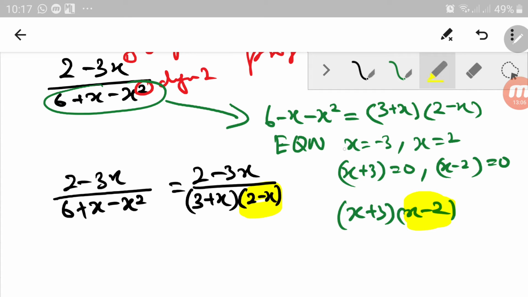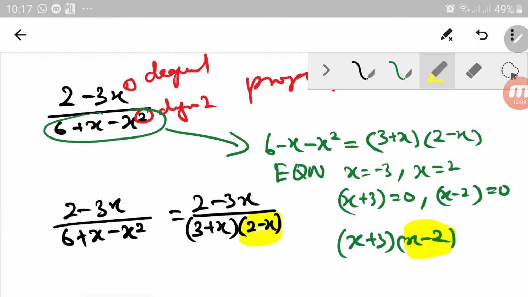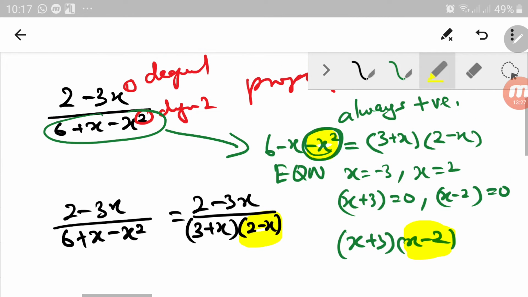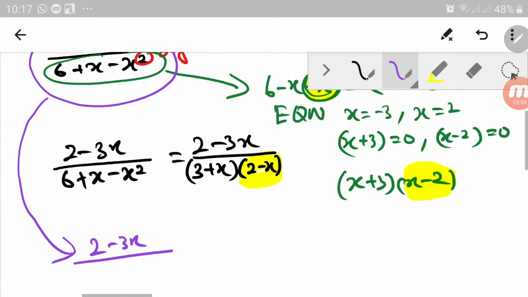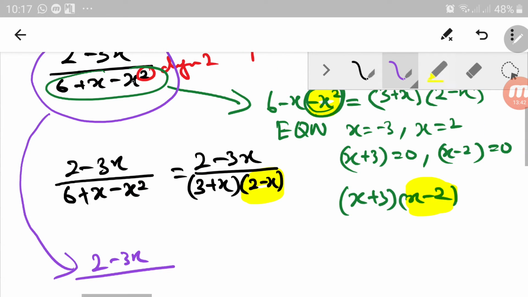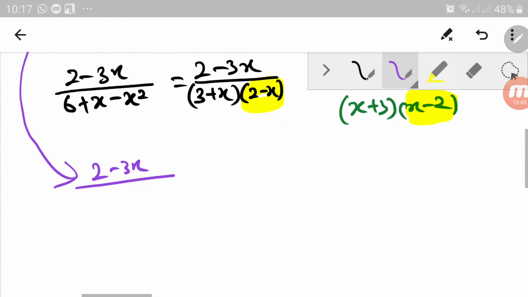When you do EQN, you must make sure the x squared that you key in is always positive. In this case it is negative. So what you have to do for the whole fraction here, maybe I use a different color, for the whole thing here, is (2 - 3x) over, you have to make this x squared positive. How to do that is factor out minus 1.